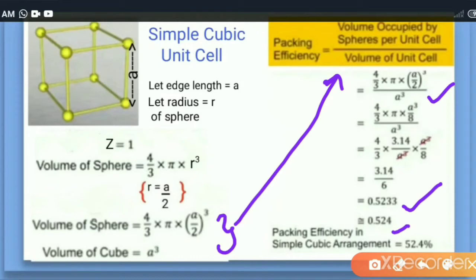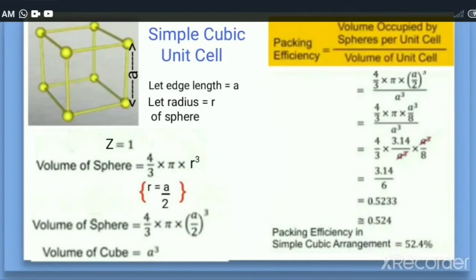If you are taking the packing efficiency in the form of a percentage, it will be multiplied by 100. So we'll be getting 52.4%. So in the simple cubic unit cell, or we can say SCC, the packing efficiency is equal to 52.4%.